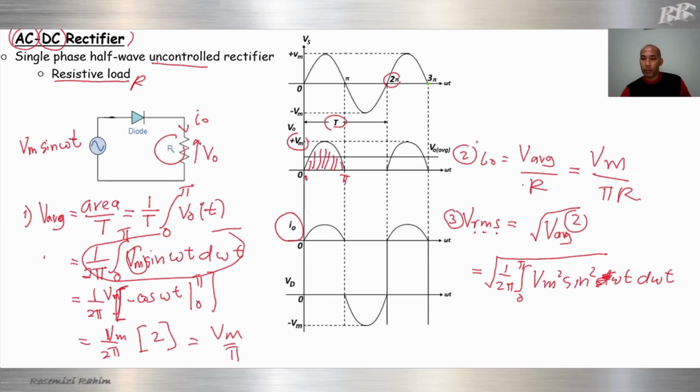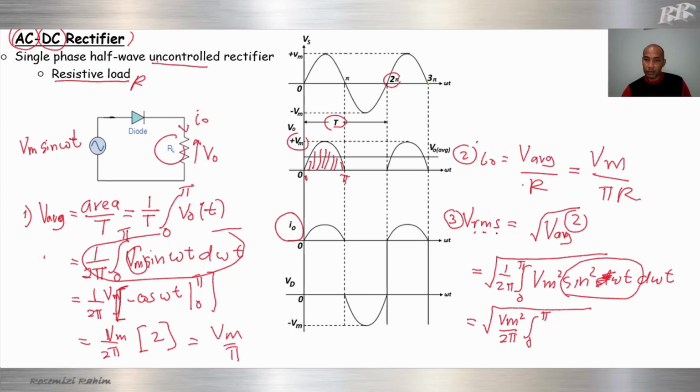So we can take out Vm, and we get Vm squared over 2 pi, from 0 to pi.